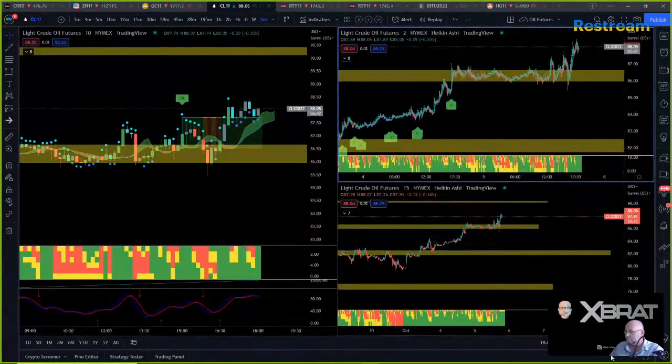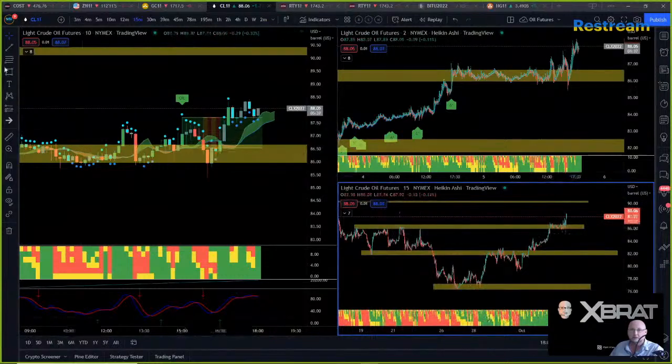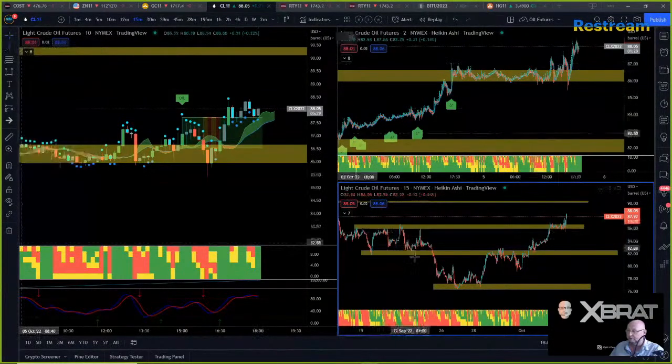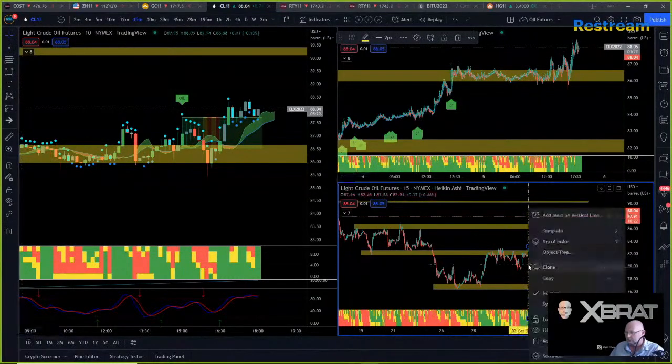So I'm just going to put a vertical line in here as well. And we can't look forward. We're going to look back because I've not got a crystal ball, guys. Don't know what's going to happen. But what I can do is put a vertical line when that comes back in, and I'm going to sync that in layout as well.